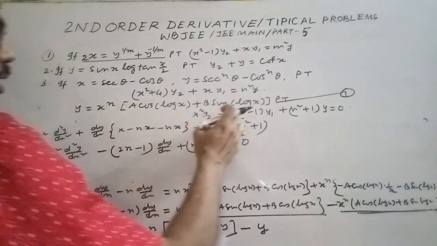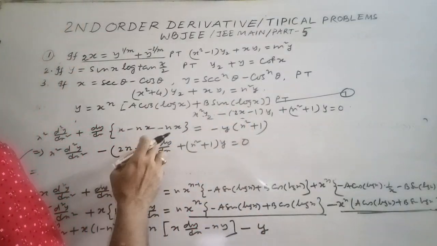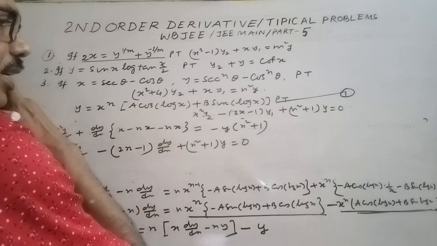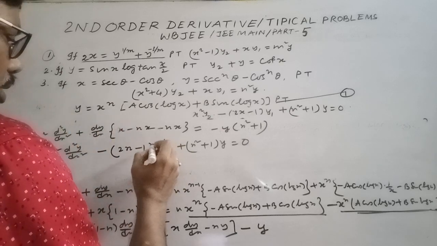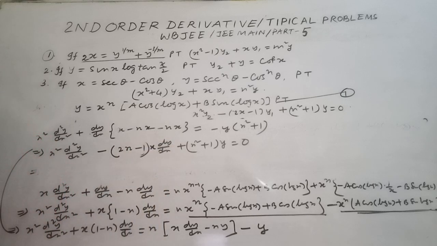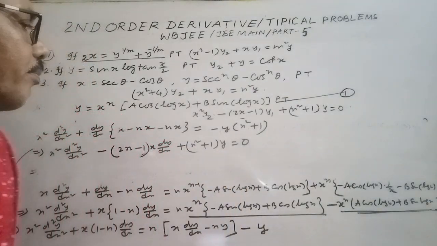Look, x square y2 minus (2n minus 1) into x dy/dx, x y1, plus (n square plus 1) y.